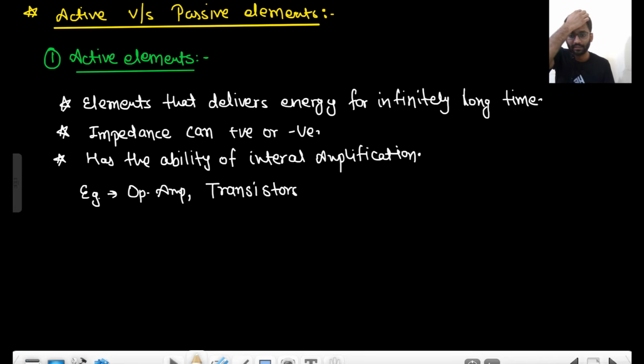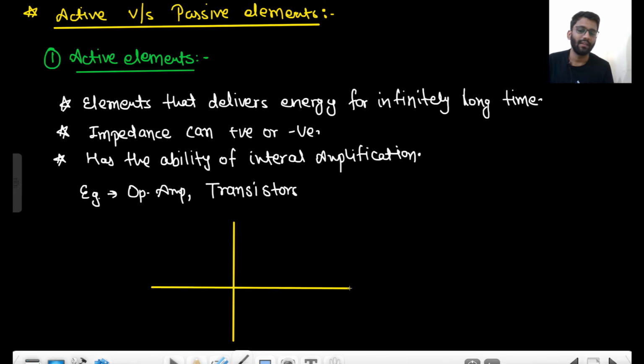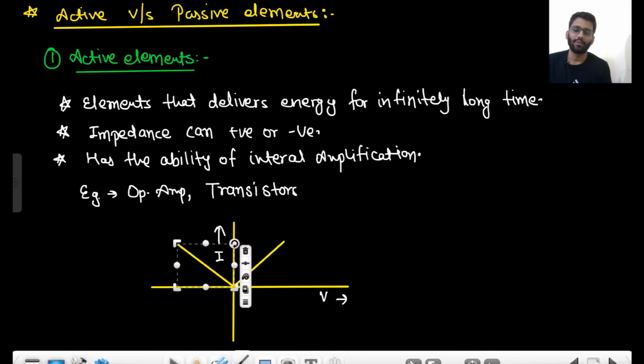Talking about active elements, we can have those in any quadrants. If there is a circuitry with an IV characteristic like this, for this part your Z is positive, and for this part your Z is negative. So it can deliver the energy.